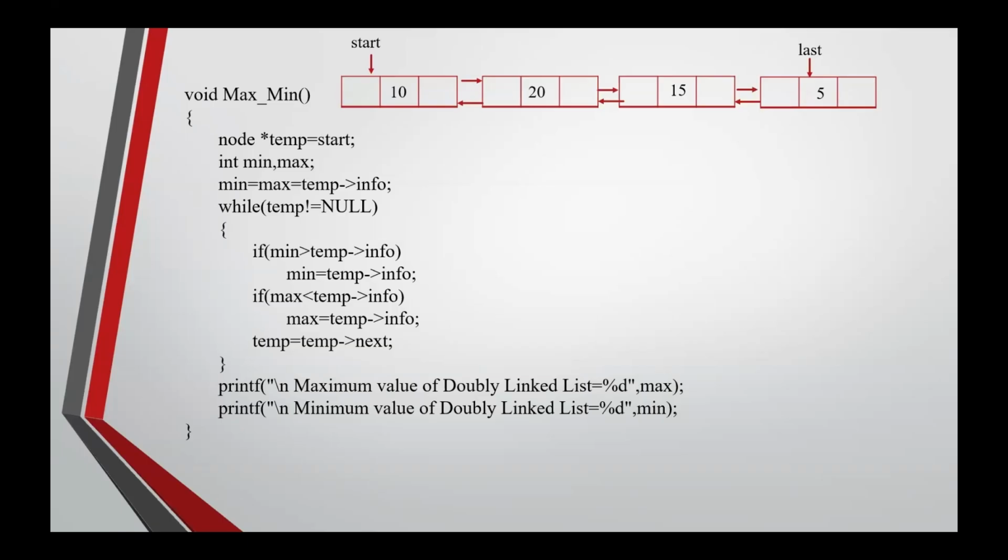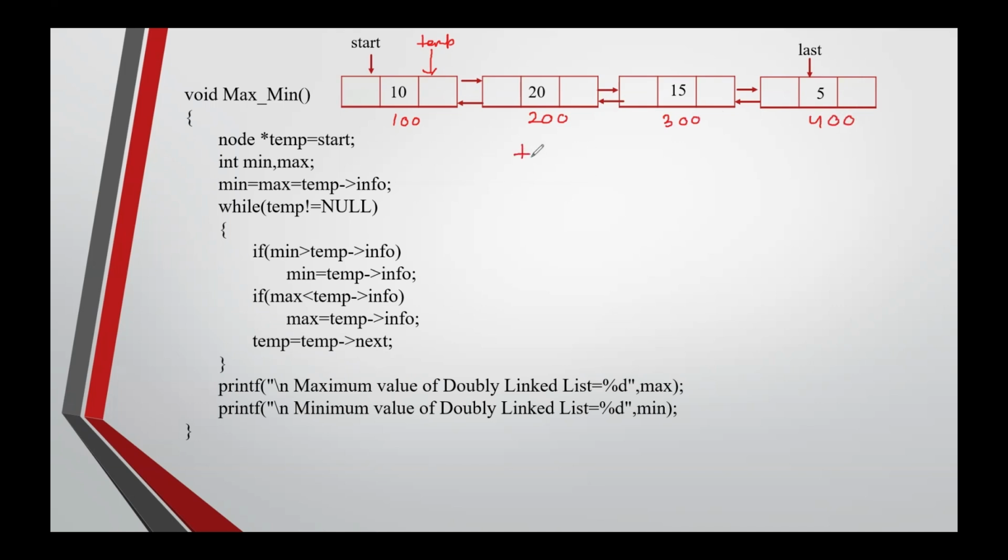So this is our algorithm to implement the maximum and minimum of a linked list. The list is given, for example. In the first line, temp stores the start value, so temp is the pointer. For example, this is address 100, this is address 200, 300, 400.